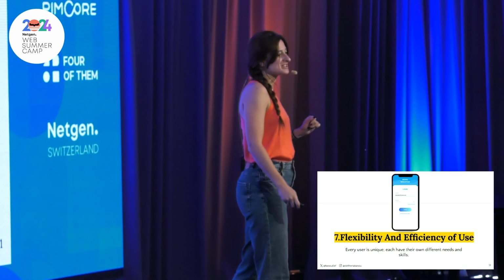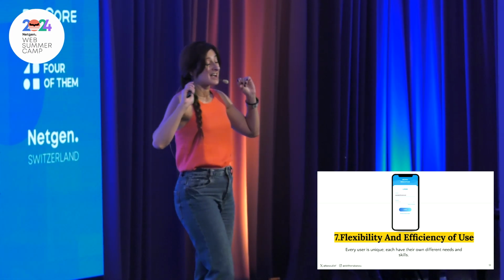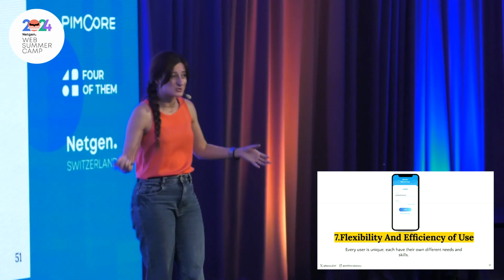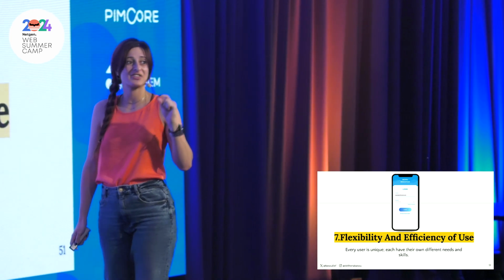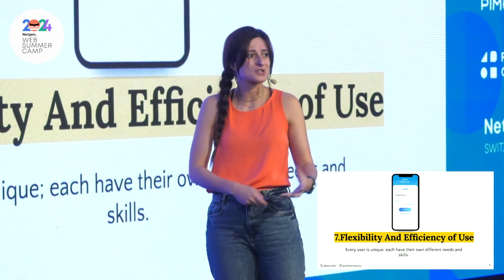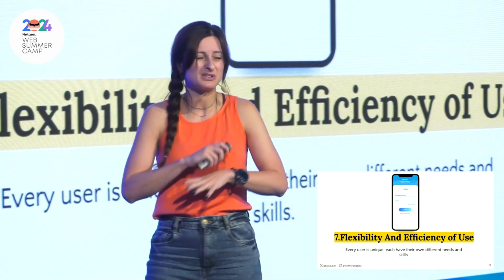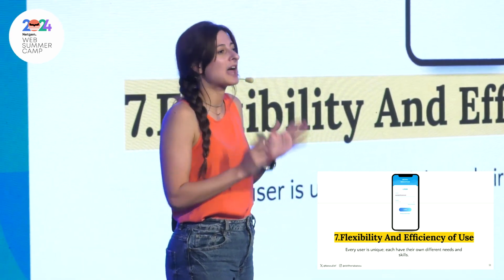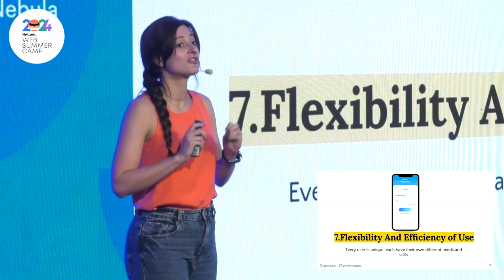Another rule that I really like is flexibility and efficiency of use. Hopefully, you will have a lot of users, but not all of your users will have the same tech skills. You will have the first-time users, you will have the power users, which means that they will know pretty much everything, and you will have the users in the middle. Try to provide something for everyone.